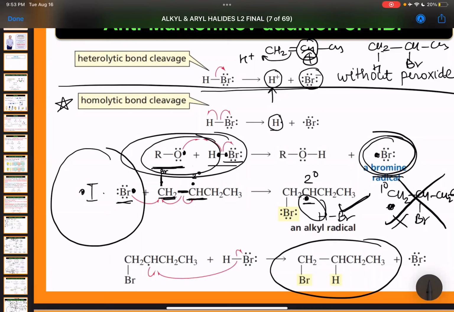Now the next challenge for the I radical will be to go and attack the double bond. The Br radical also did the same thing, but the I radical is formed easily because the HI bond is very weak. But it will not go and attack the alkene because the I radical is very large and very stable. It will not attach itself to the double bond.